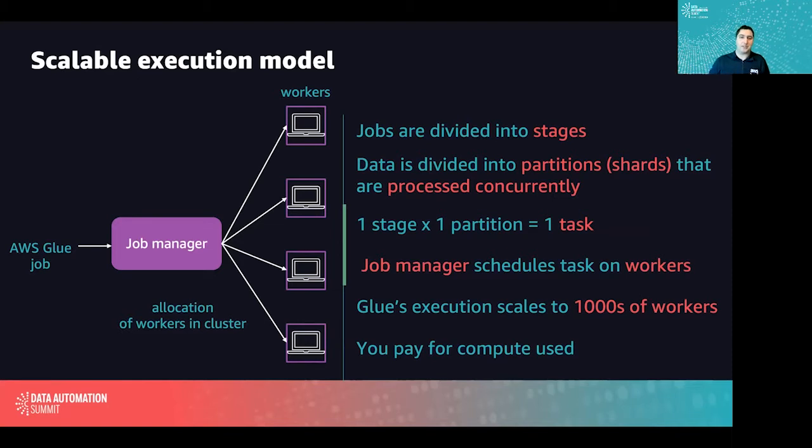Those partitions are taken through each stage with processes we call tasks. Now, the job manager, its entire purpose is to schedule the tasks on workers. This is the benefit of Glue. Glue is able to scale to thousands of workers with that single job manager and allow you to only pay for compute that is used.